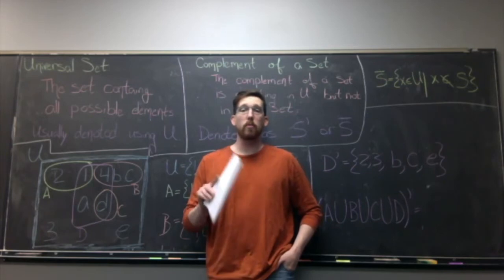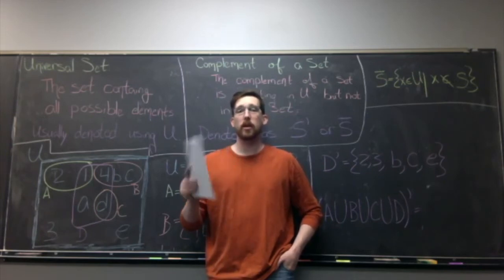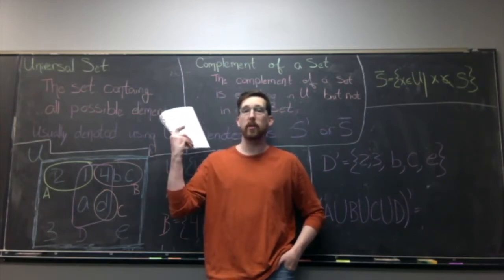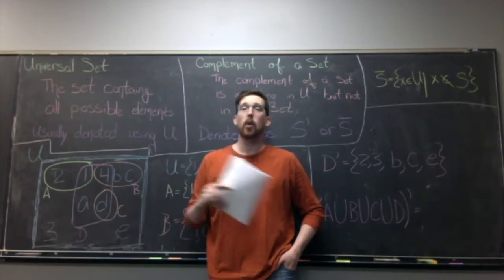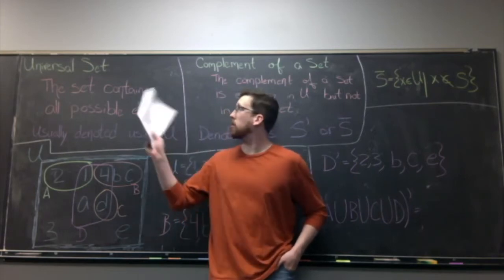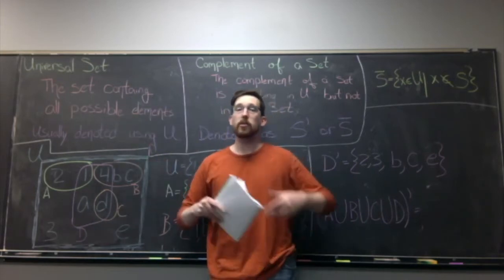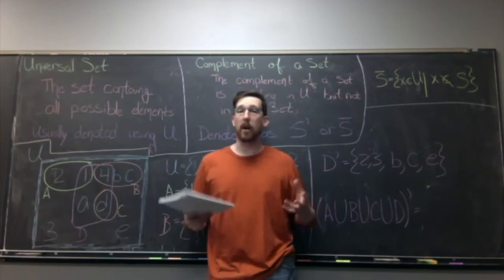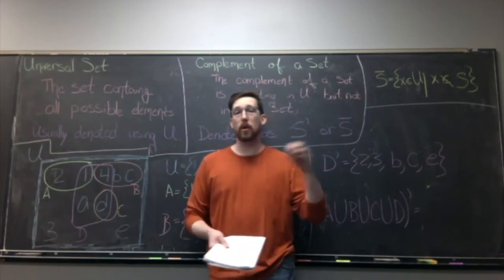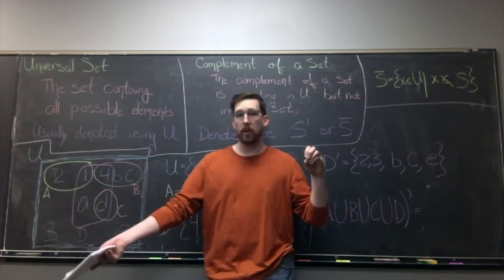Now, before we move on to our next major set operation, namely the complement of a set, we first need to talk about what's called the universal set. The universal set can be thought of like a big grab bag of elements that we're going to pull from to make our other sets with.